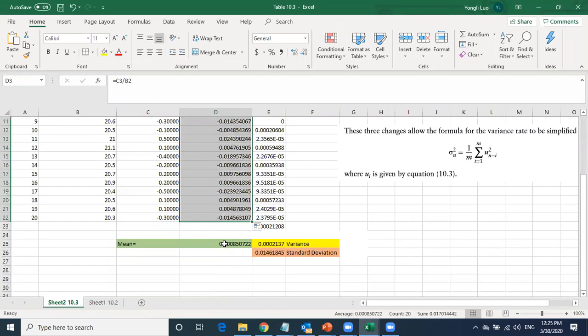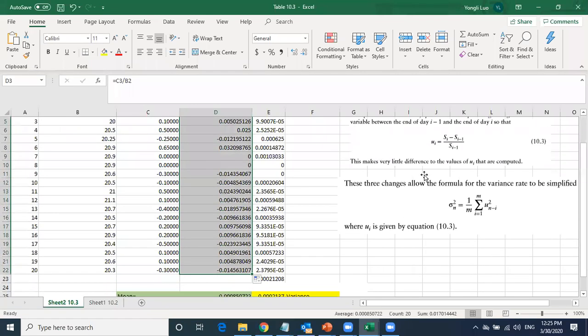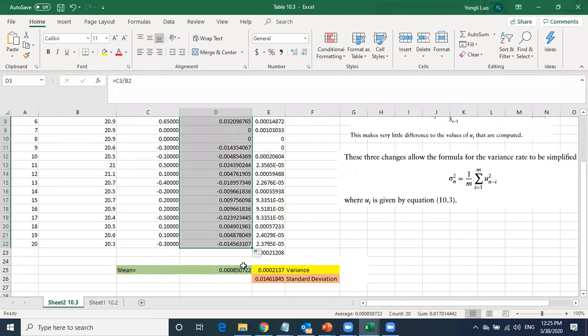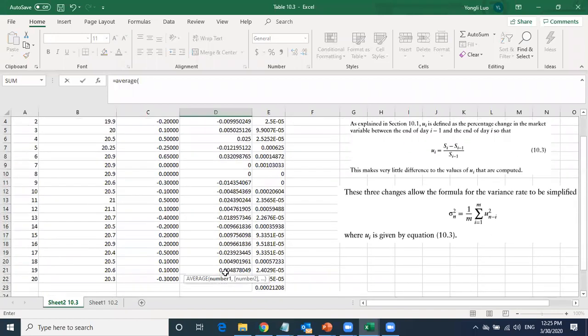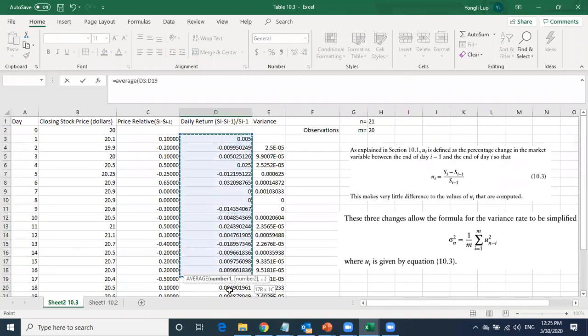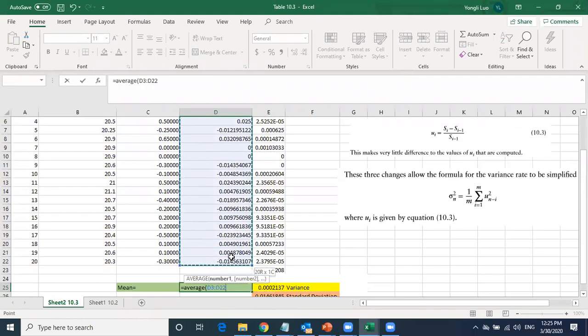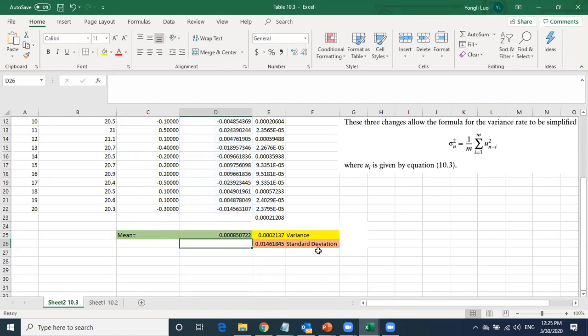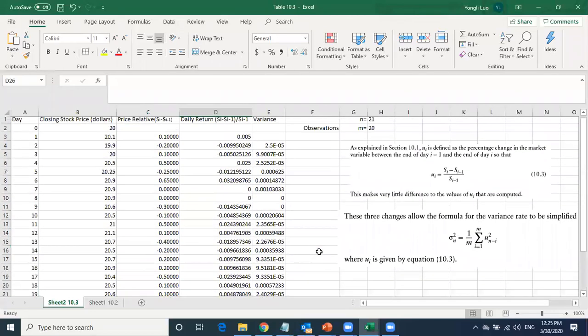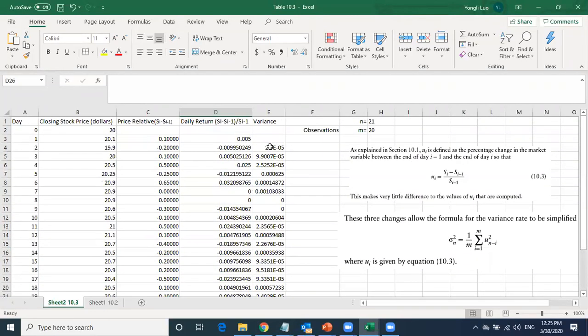Then you calculate the mean, mu, which is the average. Now we do the variance.